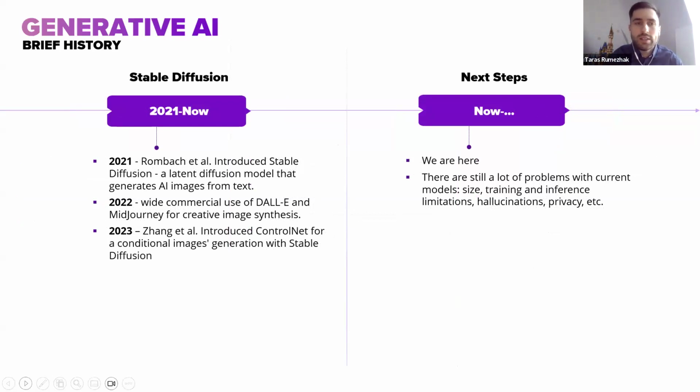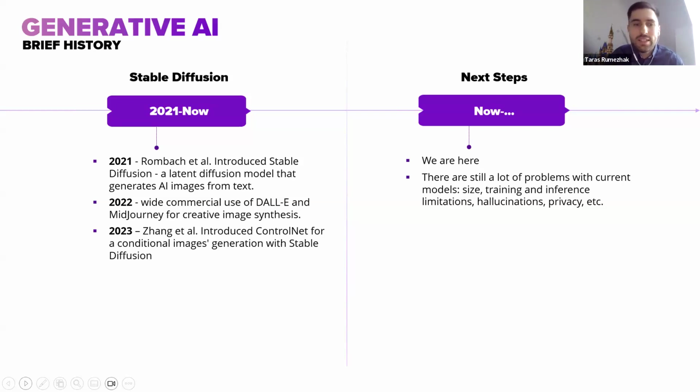In 2021, Stable Diffusion was presented, and that's the stage where we are now. In 2021, the original paper was proposed. In 2022, people started using commercial models. That's how it works: you develop research, it's hard work, you open source it, and after that great minds, great business people think how to commercialize it.